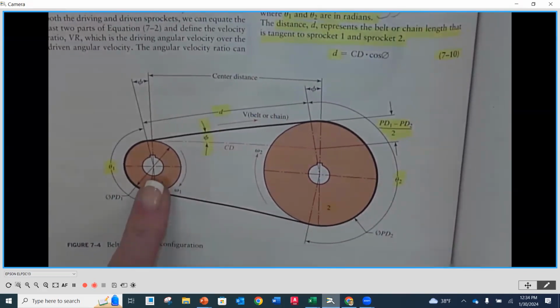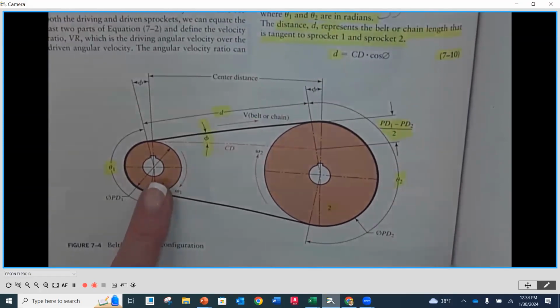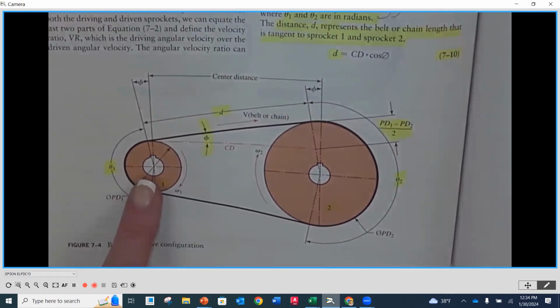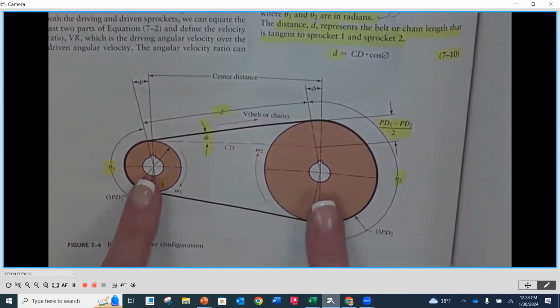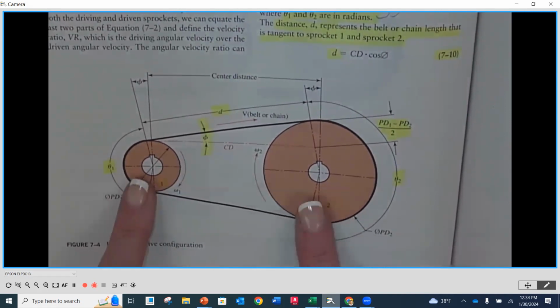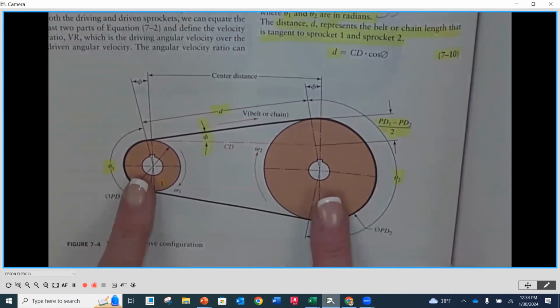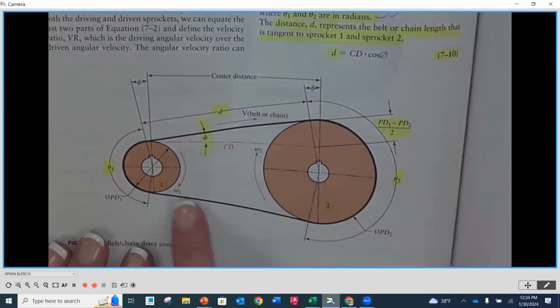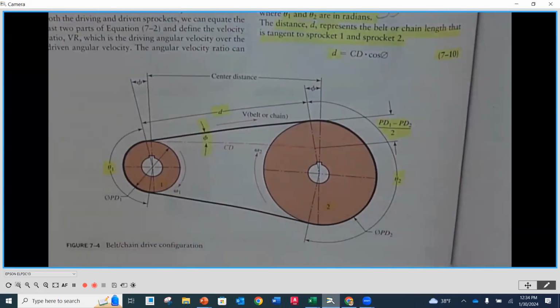In this book, they usually refer to it as a sheave, and they say pulleys or sheaves. I've always said pulley. So this is going to be my belt pulley on the high speed side, and my belt pulley on the low speed side. And you'll notice that this dark line going around the outside is representing the belt that is over both pulleys.